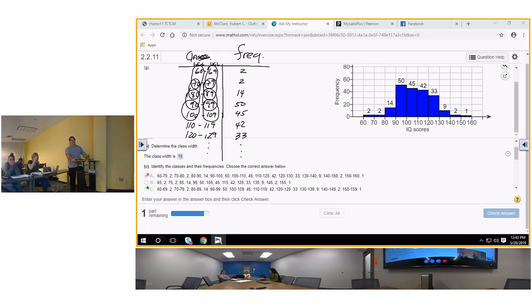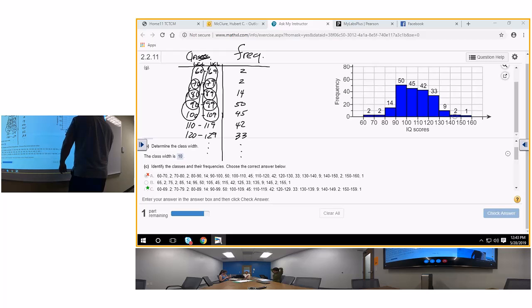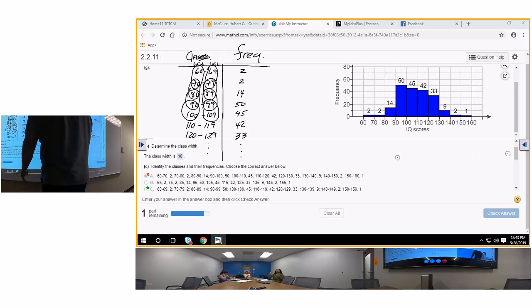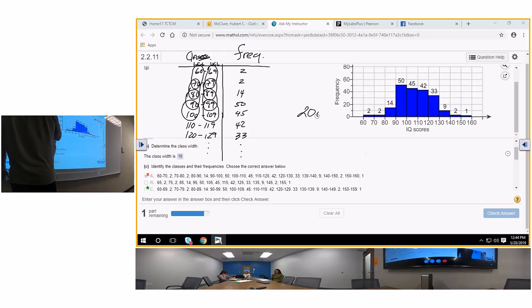What if I wanted to find n? I told you all this in your notes. How do you find n with a graph? You count up all the what? The head counts. Add them up.